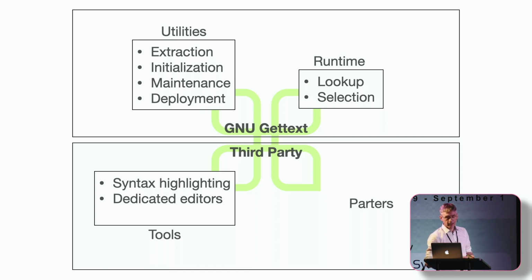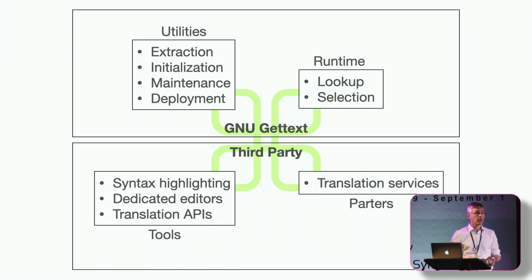And it also sets the correct plural forms for different languages, because many languages don't have just two plural forms, singular and plural. Yeah, those are the translation APIs, and then we have partners. There are professional translation services that just know how to deal with the gettext format, and so that can be very helpful.